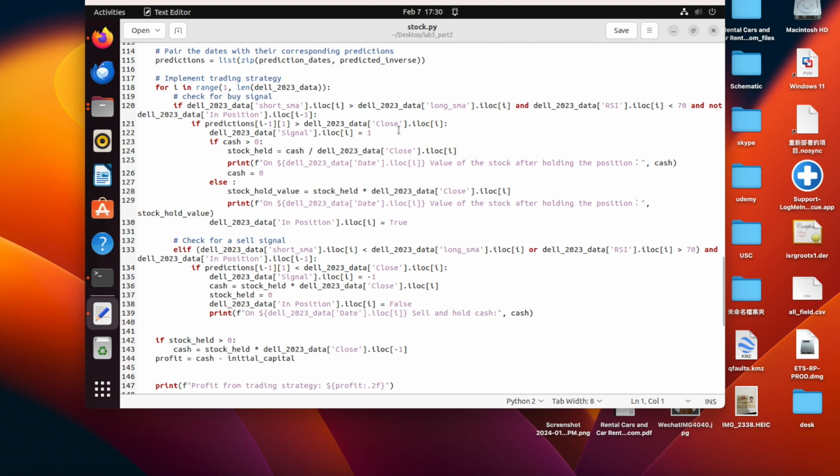Combining these three pieces of information, we can judge that the stock is in an uptrend and may be undervalued. So I will decide to buy this stock for the investment.